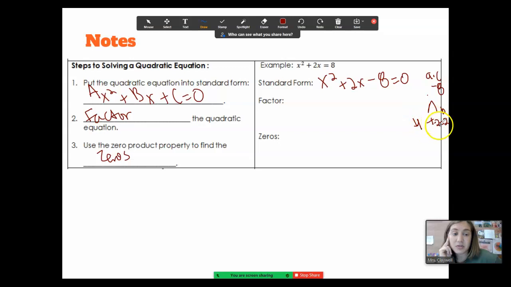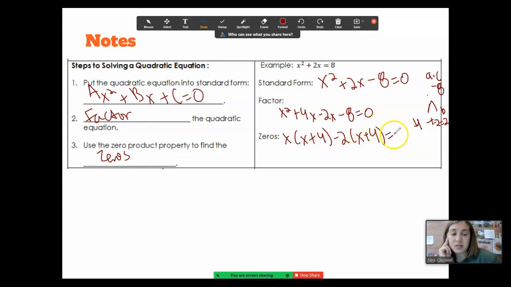+4 and -2. So I'm going to rewrite this as x squared plus 4x minus 2x minus 8 equals 0. Pull out an x, and my matching and my leftovers.